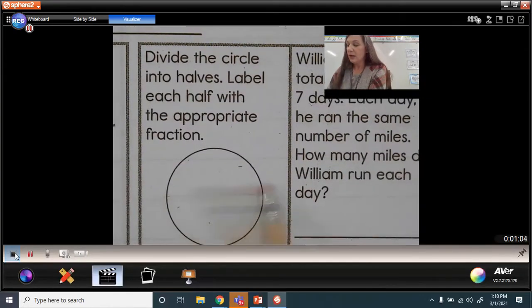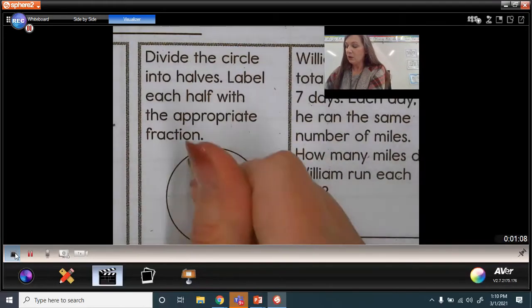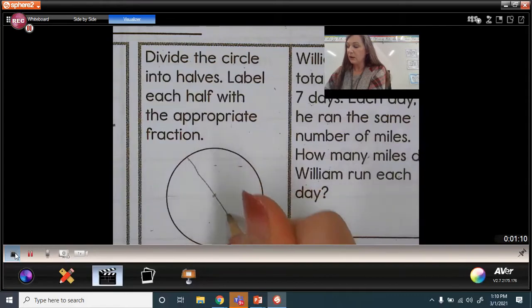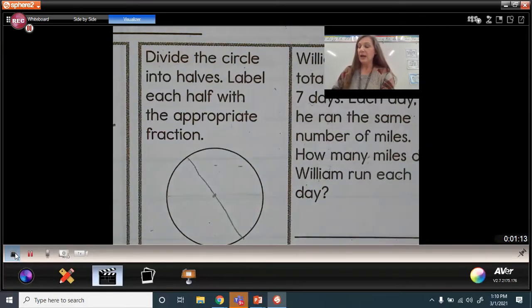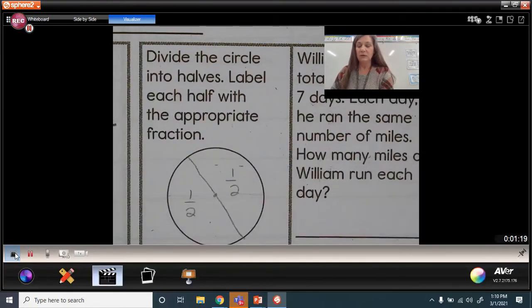As long as you go through the center point, you can go through the middle anywhere in a circle, and each of these parts would be considered half. So you could go down the middle, or across the middle, or anywhere in the middle of this circle, and it would be considered half.